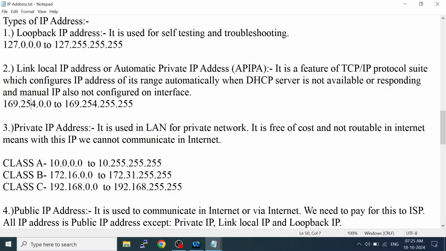How much time will you take to configure IP on all 1,000? 3-4 hours, or more than that. You would have to go to each and every computer, log in, open the network connection and configure IP. It takes a lot of time.